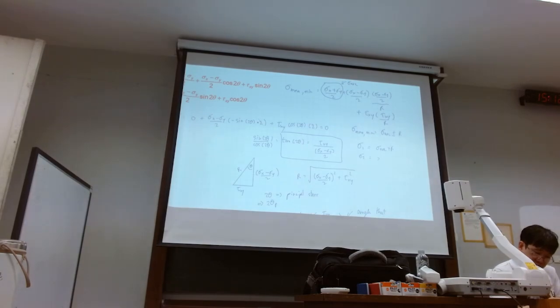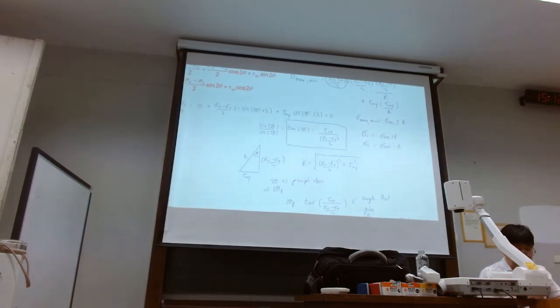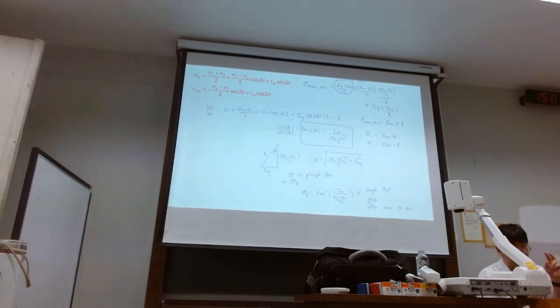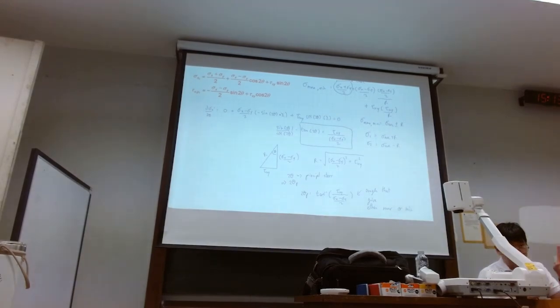Sigma 2 is just sigma average minus the r. So it is very critical to find out the value of the r so that you find the value of the maximum stress based on that. And then you will be able to figure out which angle gives you which. So that's the concept over here.